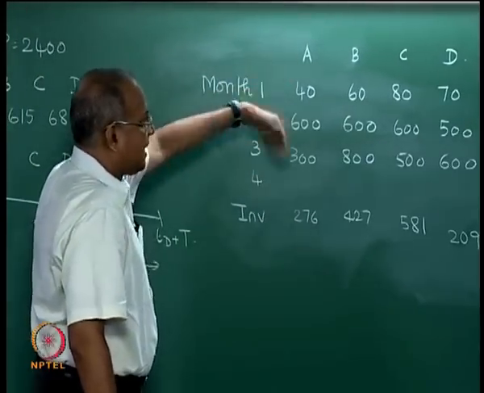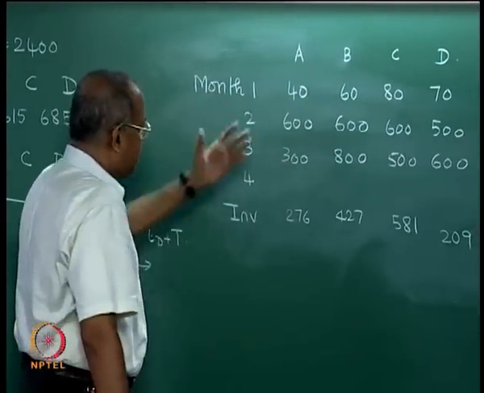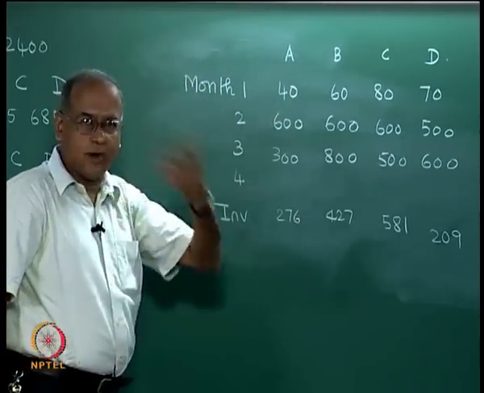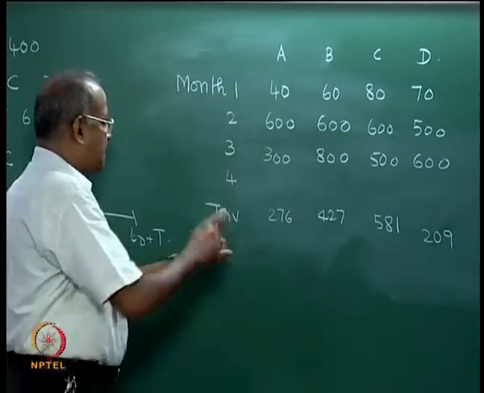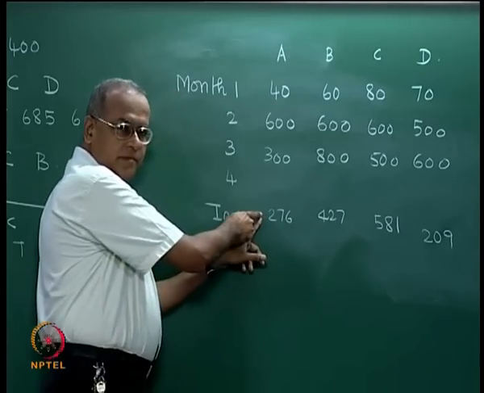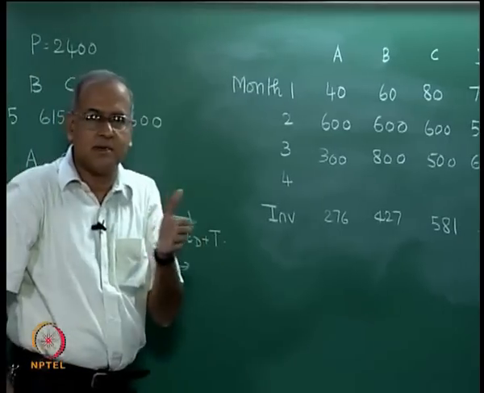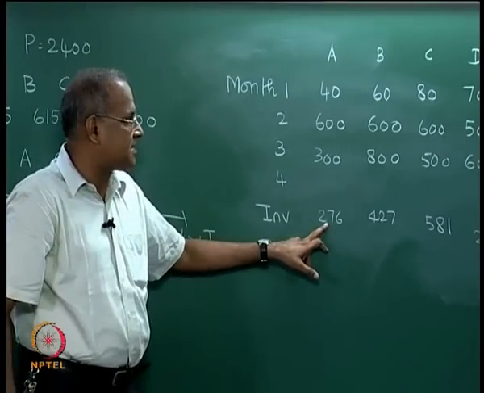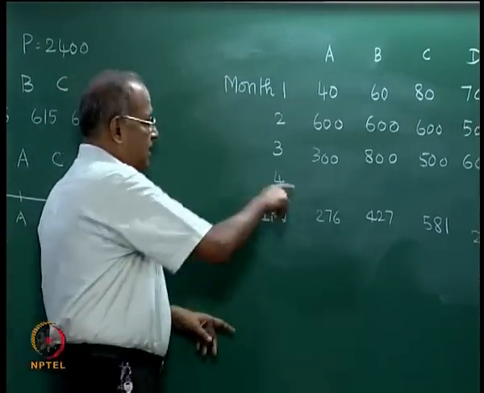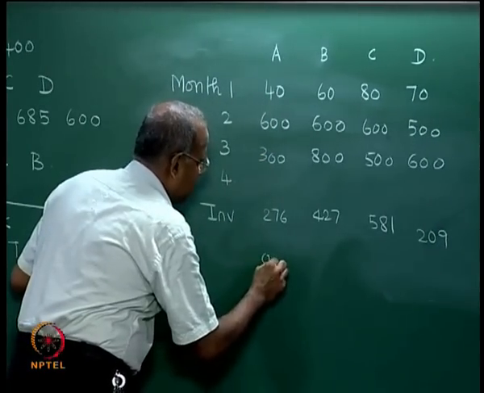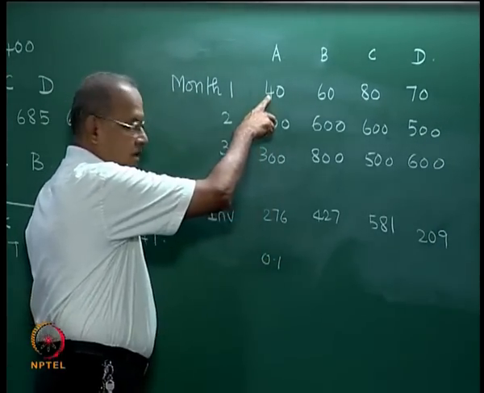So now we are at time equal to 0.9 and then we can start doing this one more time by trying to understand how many months of demand this inventory of 276 can meet. So now it will meet 0.1 month, which would be 40.